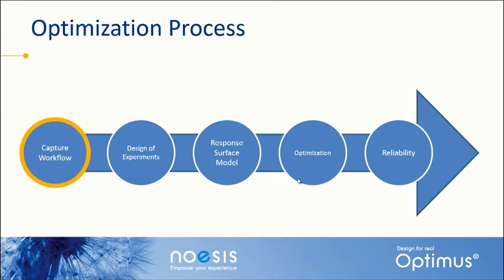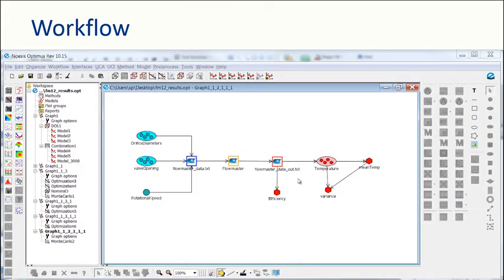So let's look at the first stage of this process, capturing the workflow. Here you can see the Optimus interface. You'll notice the workflow in the center of the screen. We begin with control parameters. Those parameters are defined on the left. This is where we specify the range for each of the 15 input parameters.